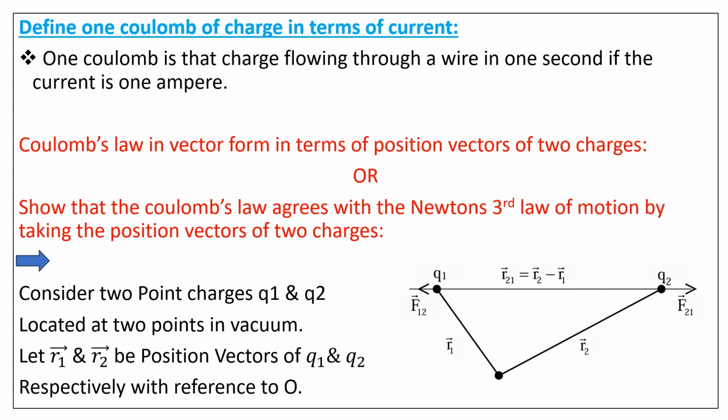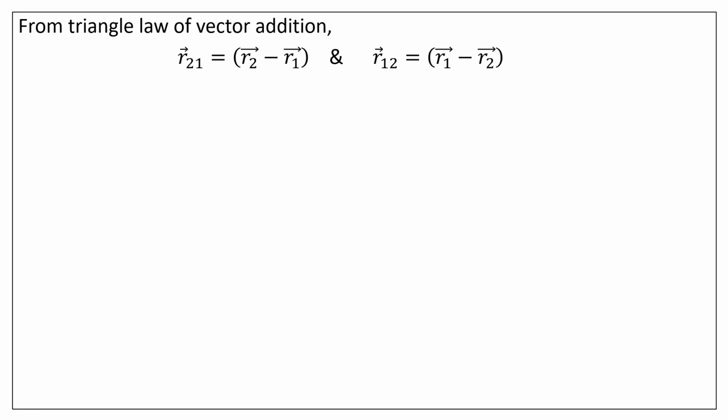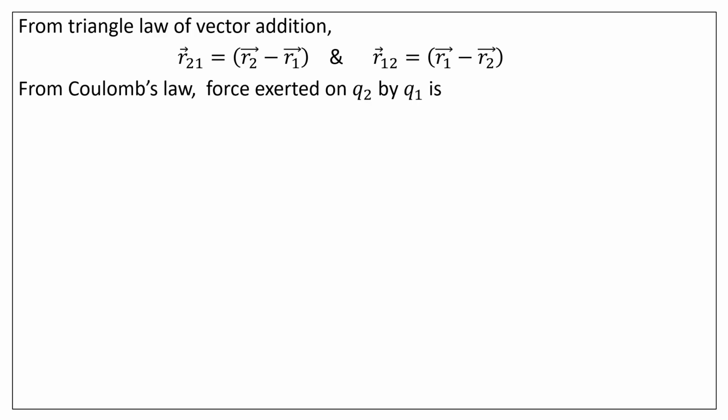Let vectors r1 and r2 be position vectors of Q1 and Q2 respectively with reference to O. From the triangle law of vector addition, vector r21 = r2 − r1, and vector r12 = r1 − r2.